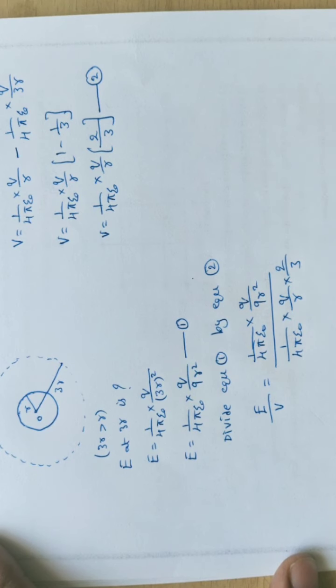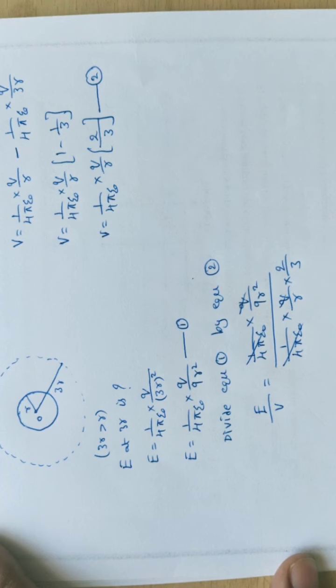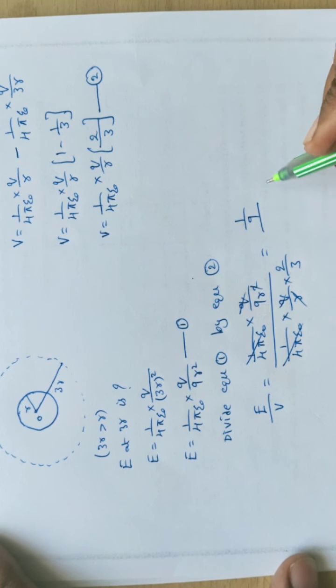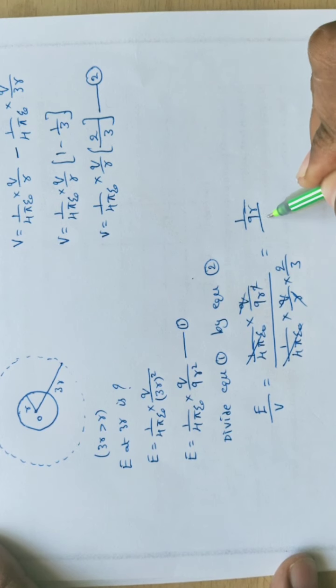So 1 by 4 pi epsilon naught cancels in numerator and denominator, q is also cancelled, and r is also cancelled once. So we get 1 by 9r divided by 2 by 3.